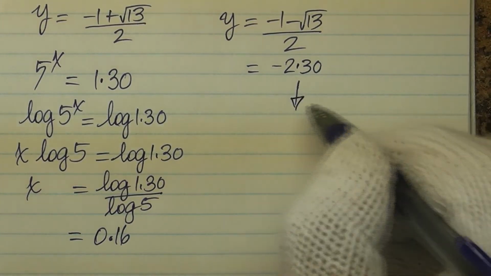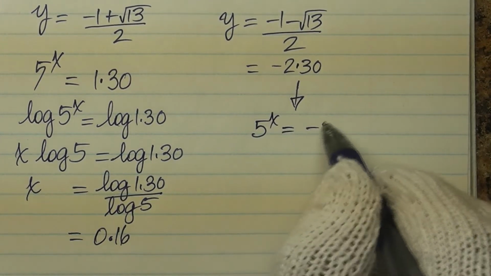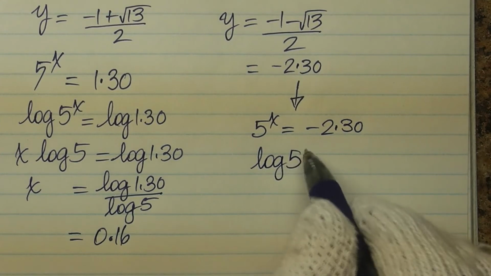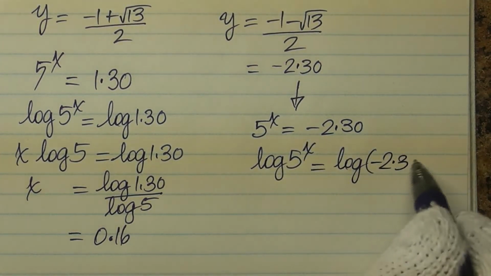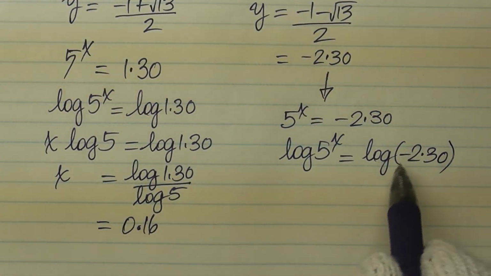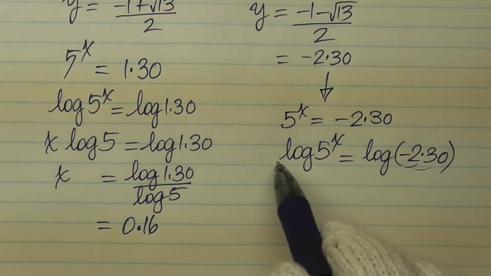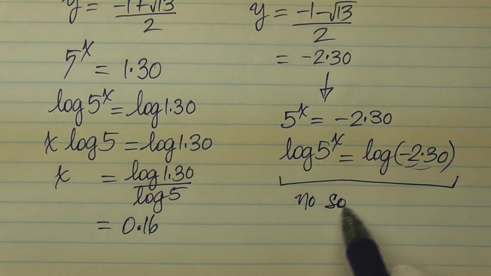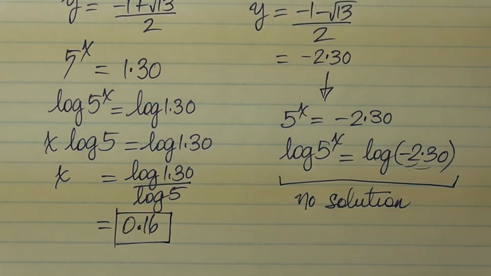This is interesting because when we write 5 to the x equals -2.30 and you take the log of both sides, that's when you run into the difficulty, because log is only defined for an argument greater than 0, so this can't be negative and it can't be 0. So from this side, no solution. So that's our only answer.